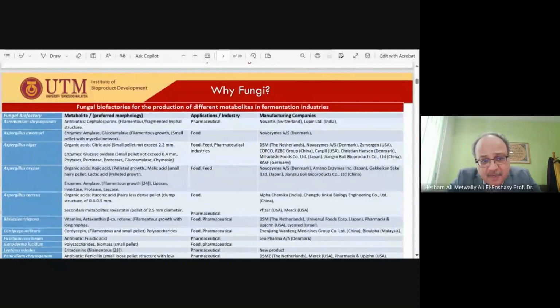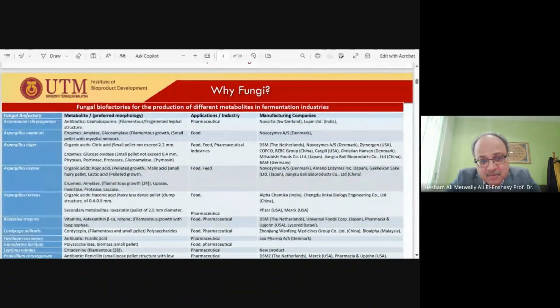Then if you go for Aspergillus niger, it is famous for citric acid. Usually it's recommended to have pellets not exceeding 2.2 millimeter diameter, based on the literature. And for enzymes like glucose oxidase, the pellet should not be larger than 0.4 millimeter diameter.